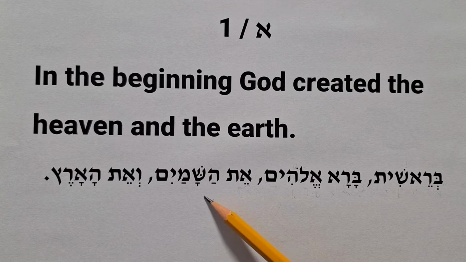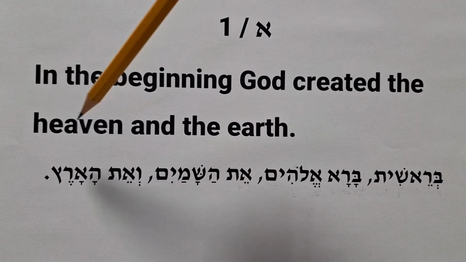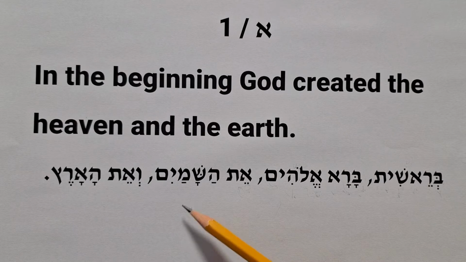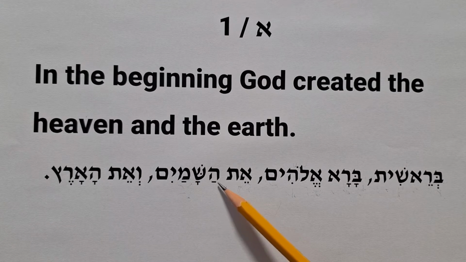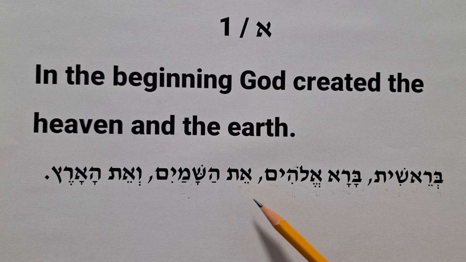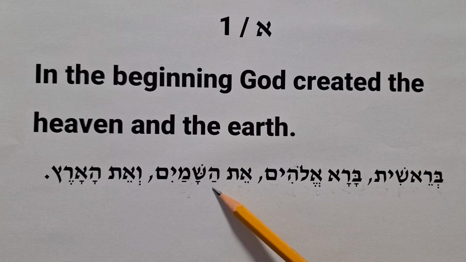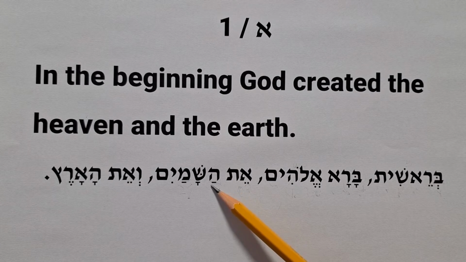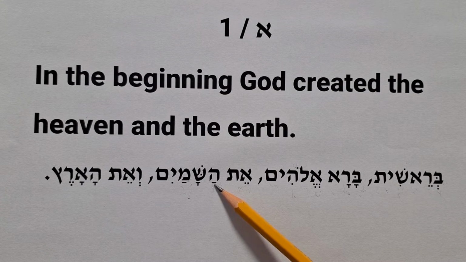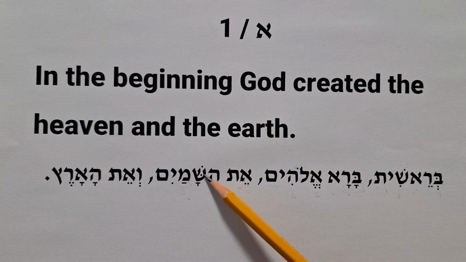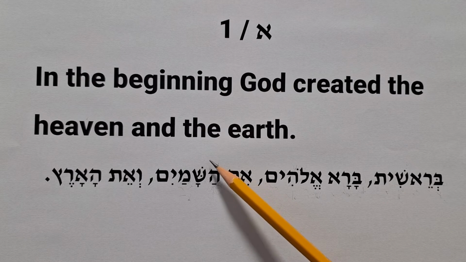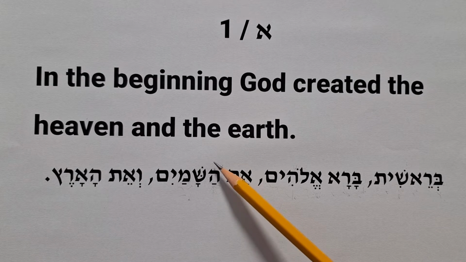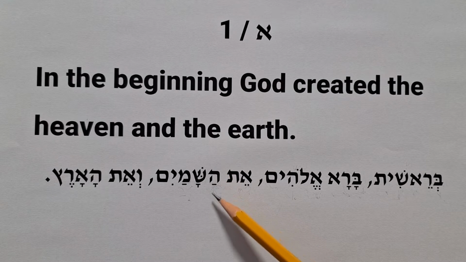And now here, heaven, right? Heaven. Here, hashamayim. How do you say that? Hey, just like here, but with patach, sound of a, ha. Again, shin, so it's like here, shin, with a dot on the right side, it's above, so it's sh.